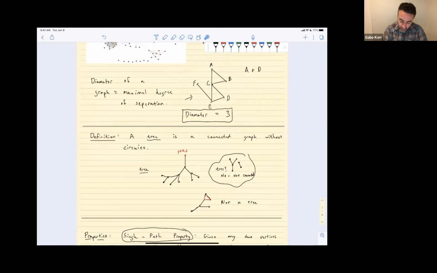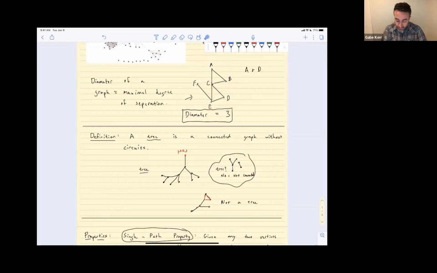When I look at all of these points here, they're all distance 1 apart, right? There's an edge between all 3 of them. Same with over here. These guys are all distance 1 apart. So if I want a distance larger than 1, I'd have to take something over here and compare it to something over here. Maybe F and C have distance 2, or degree of separation 2.